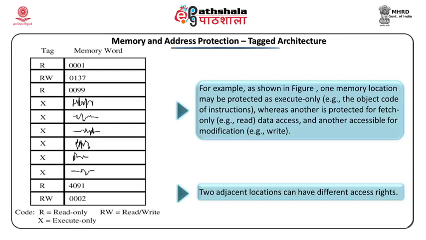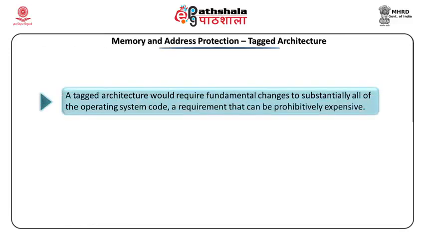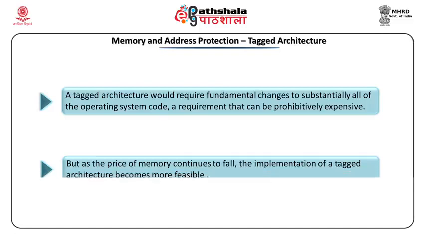Now, a tagged architecture requires fundamental changes to substantially all of the operating system code. It was prohibitively expensive, but since the price of memory has fallen, the implementation of tagged architecture has become feasible.